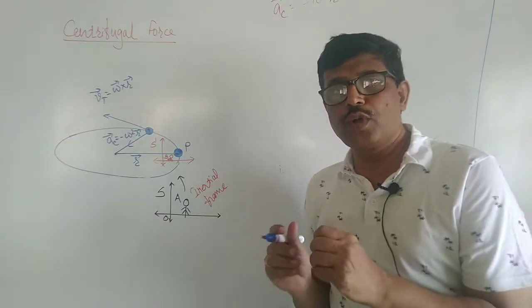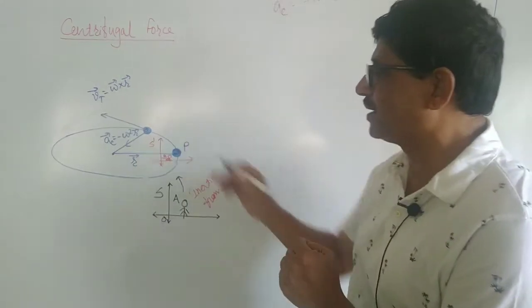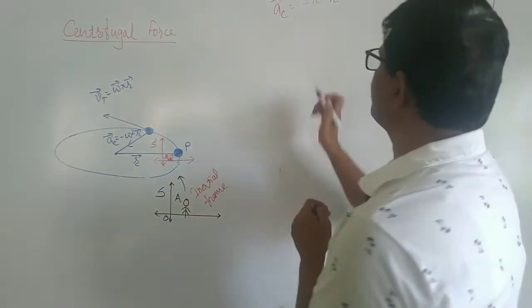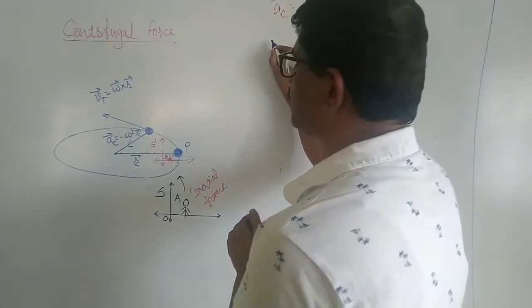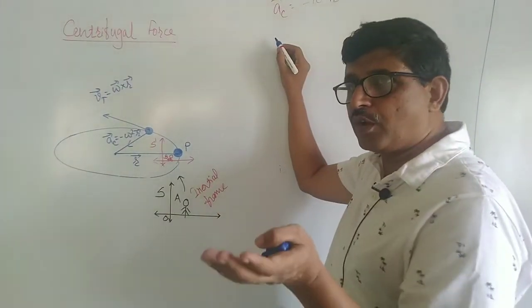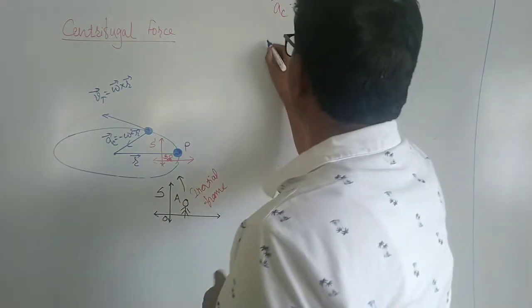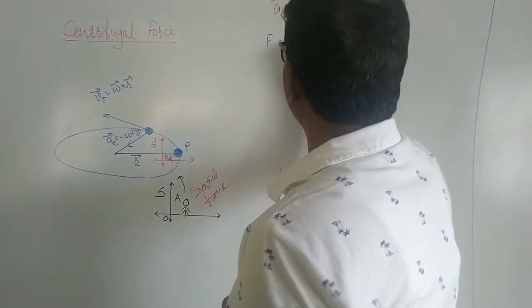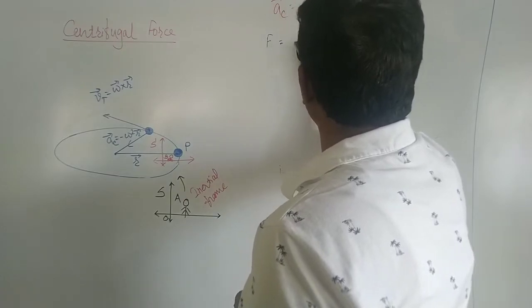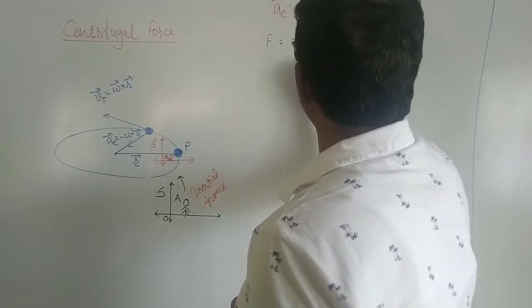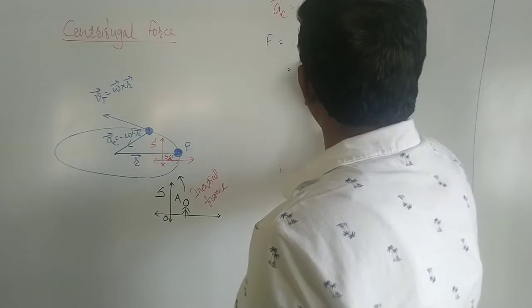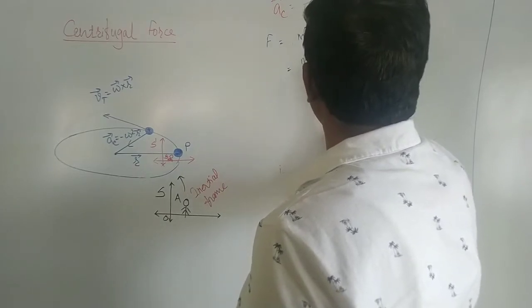In order to apply Newton's law in this accelerated non-inertial frame of reference, we have to consider the presence of a pseudo force, which is mass into acceleration, and therefore it should be equal to m omega square vector r.